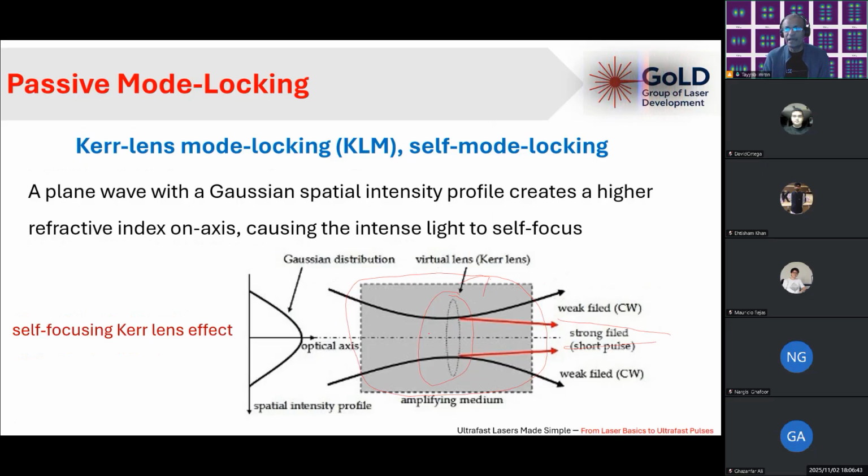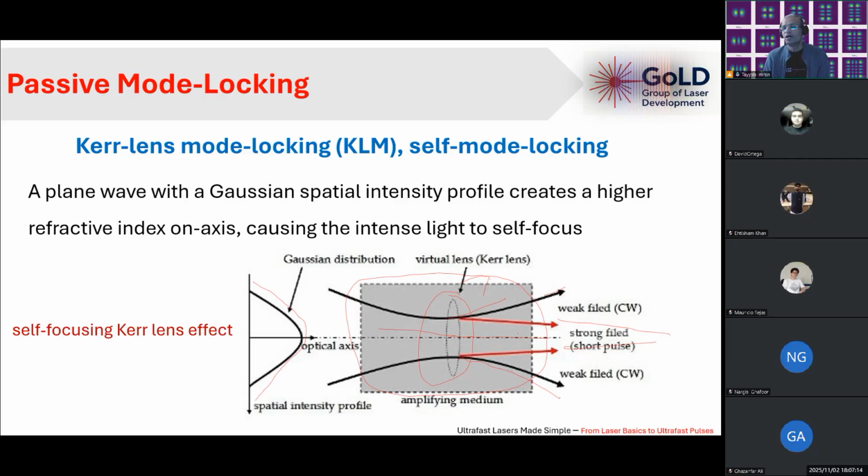The outer portion of the light may not be as intense. Like this is the Gaussian distribution of the pulse. The inner part of the pulse is more intense, so it feels more self-focusing effect as compared to the outer part, the weak field.